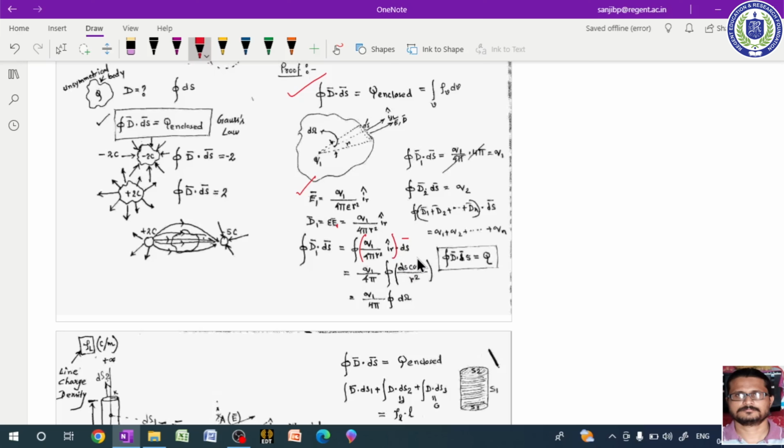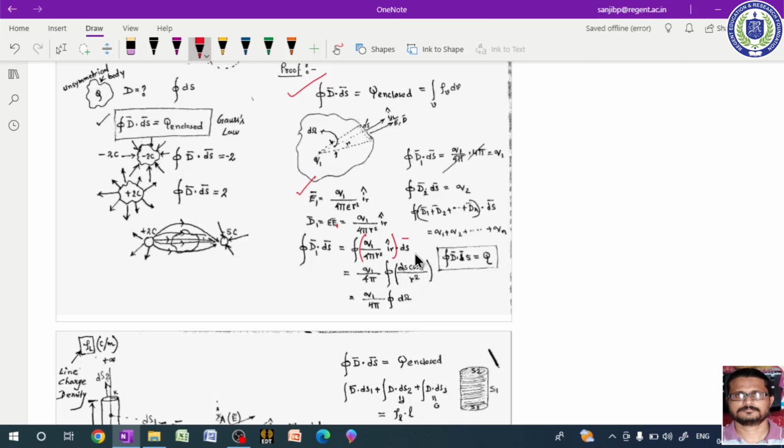This is the formula of the dot product: A dot B will become mod A mod B cos theta, where theta is the angle between A and B. So here theta is the angle between dS and i_r. And you know what the angle between dS and i_r will be. This is the same line, and there the angular displacement will be 0. So cos theta will become 1. So initially you write this dS cos theta, and this r square I have considered over here.